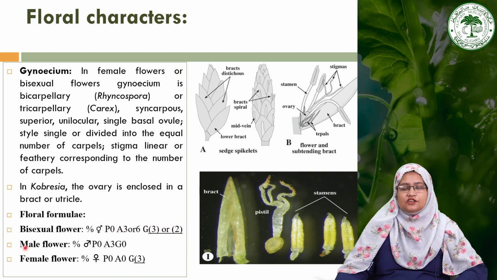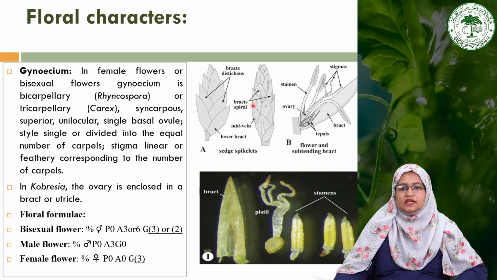And if the flower is unisexual, then the male flower is also zygomorphic. The perianth is absent and the androecium is generally 3, and the gynoecium in the male flower is absent. And the female flower is also zygomorphic. They also don't have a perianth and androecium, and the gynoecium is generally 3 in number. They are tricarpellary syncarpous with a superior ovary.